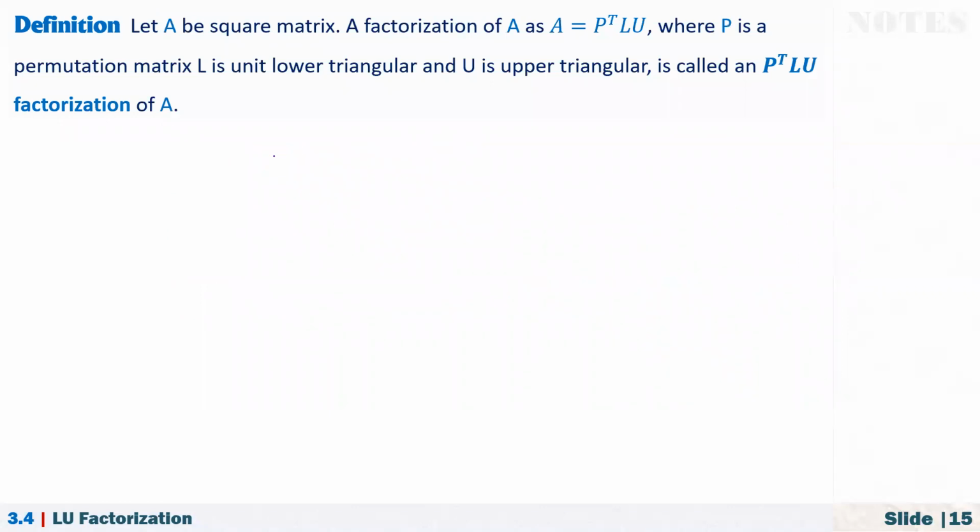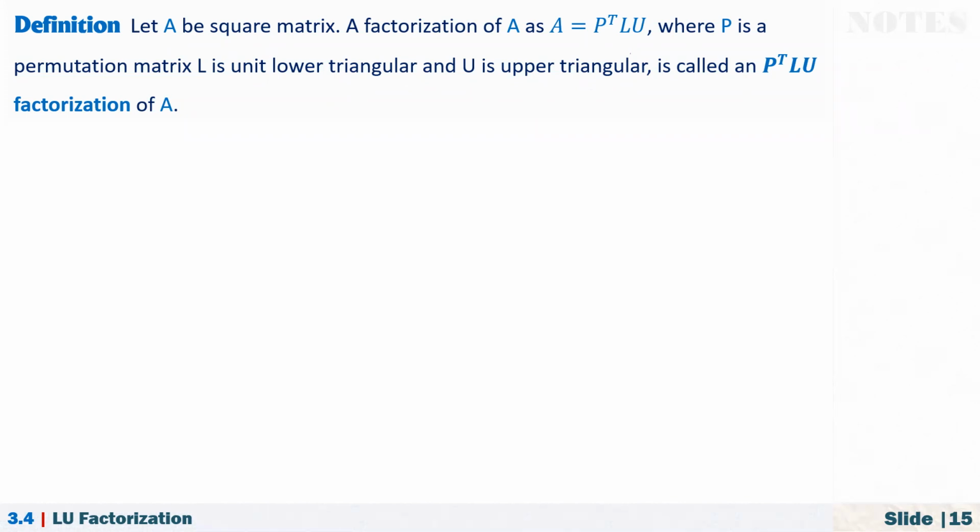Okay, so now let's formalize what we have learned here. Let A be a square matrix. A factorization of A as A equals P transpose LU, where P is a permutation matrix, L is unit lower triangular and U is upper triangular, is called the PTLU factorization of A. The first one is LU, but why do we need to define this?